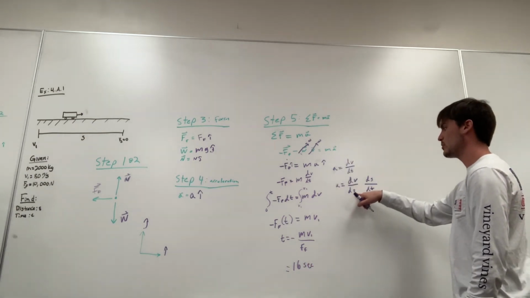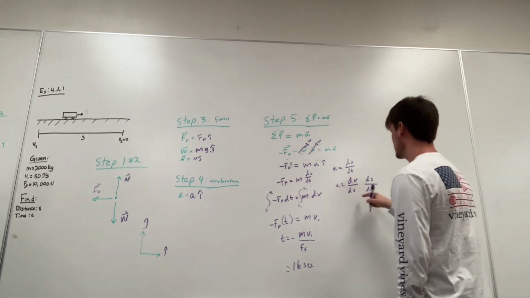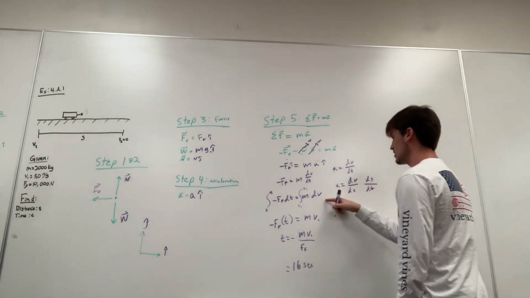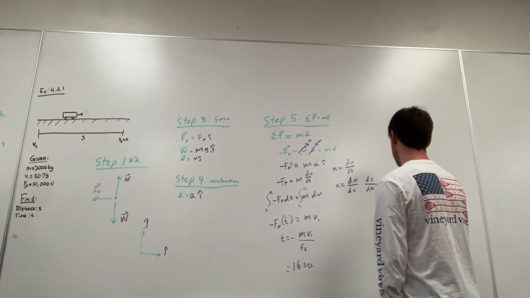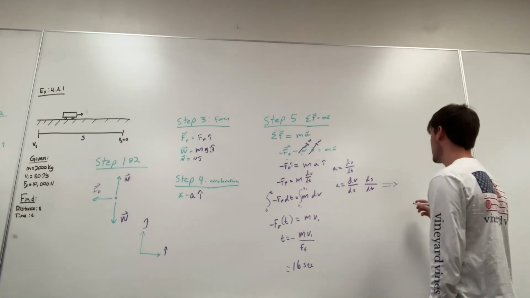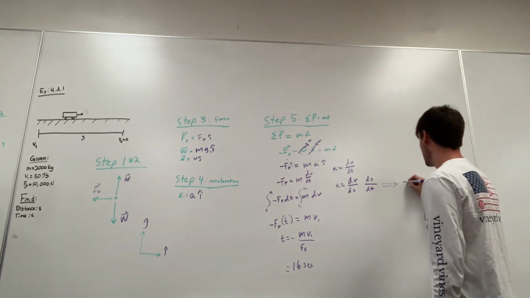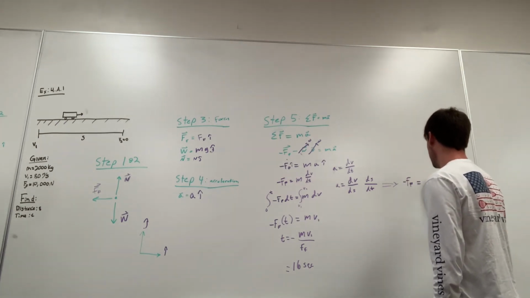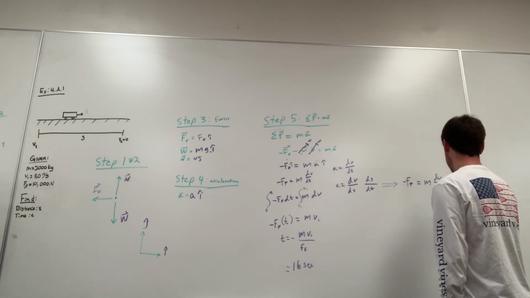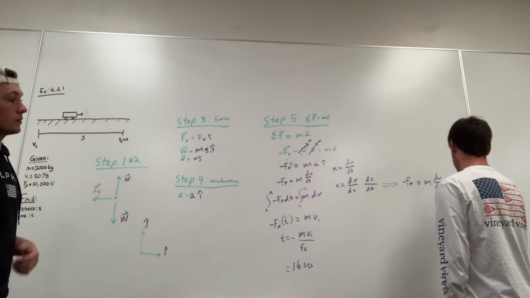And when we're talking about distance, we use dv/ds times ds/dt. So then we know that, we'll go over here. Can you see that? Yep. Yeah, you can. Negative friction force is equal to mass times dv/ds times ds/dt.